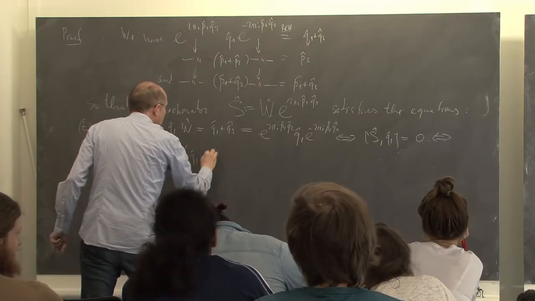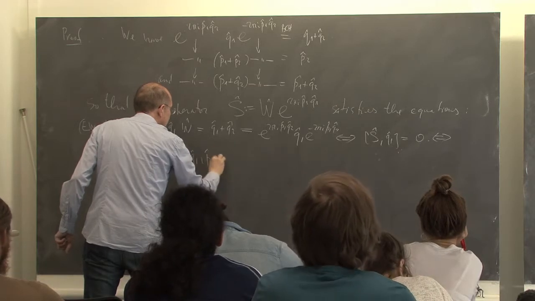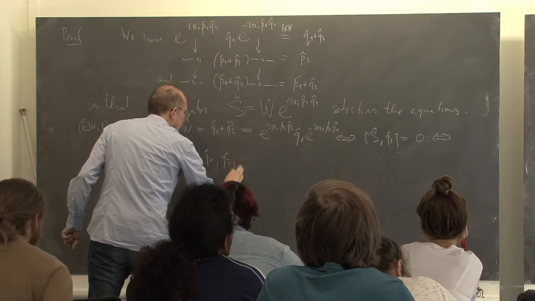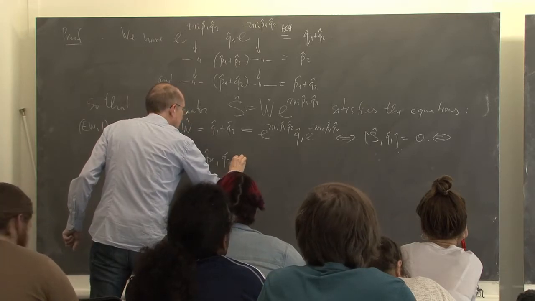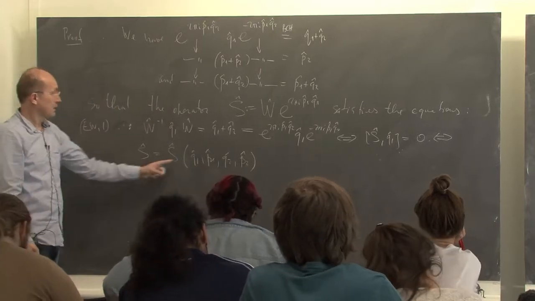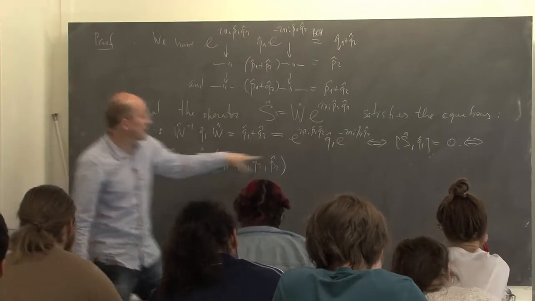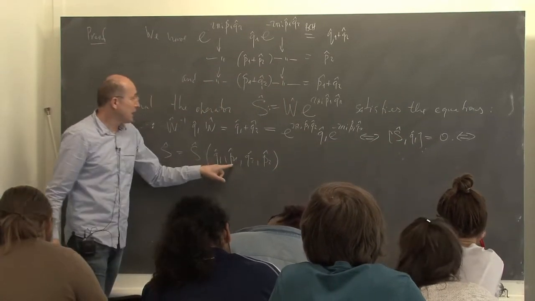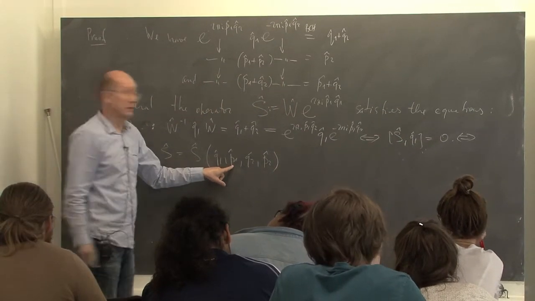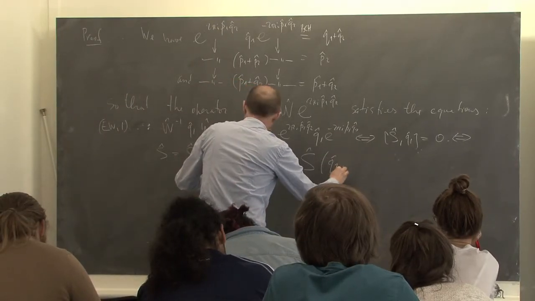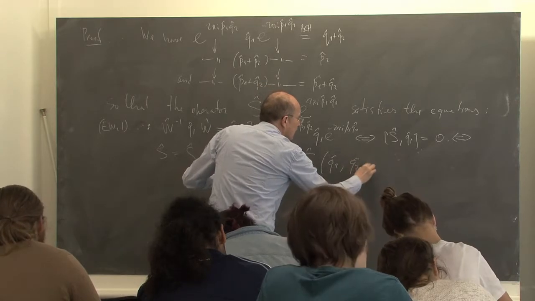So a priori, we would write like this, right, due to the integral formula. But the commutativity condition with Q1 eliminates the dependence on P1. So this is equal to S hat of Q1, Q2, P2.